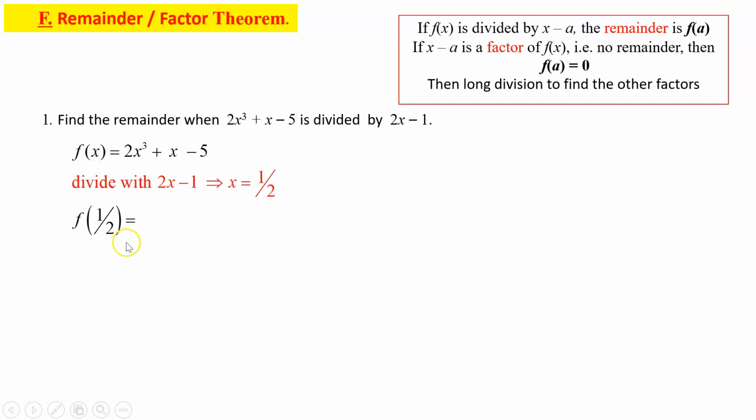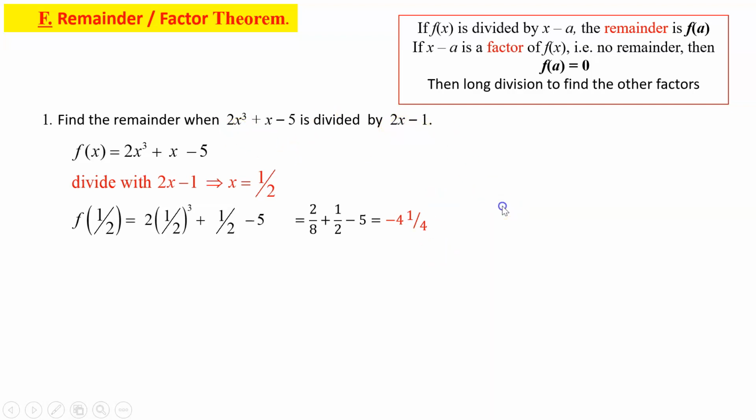So I've got 2 times a half cubed plus a half minus 5. Half cubed is 1/8. So 2/8 plus a half minus 5 gives us minus 4 1/4. That would be the remainder if I did a long division with 2x minus 1.